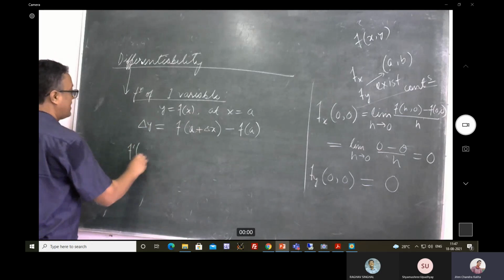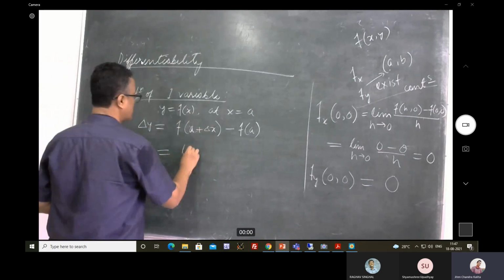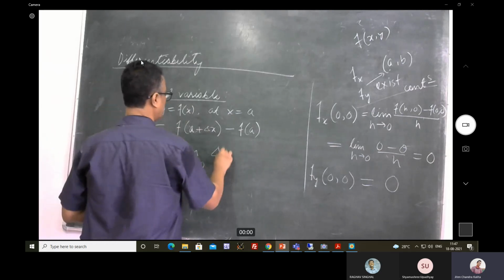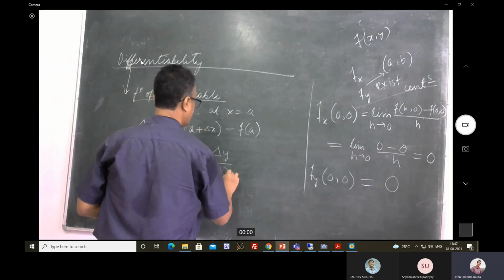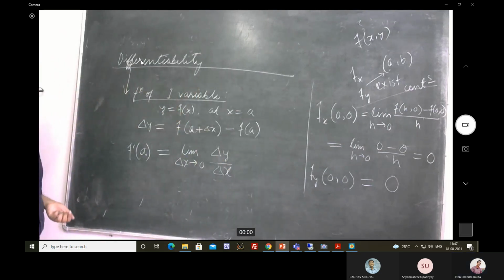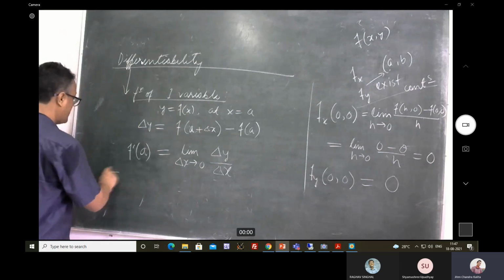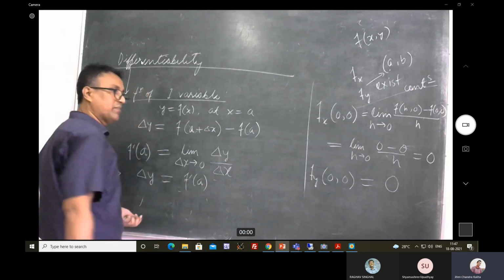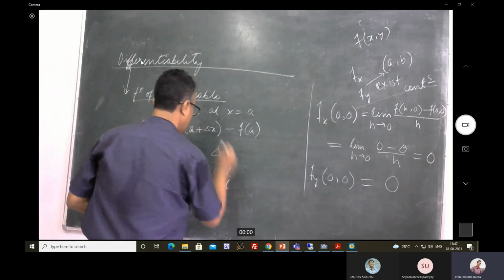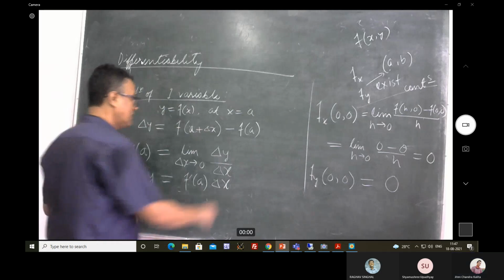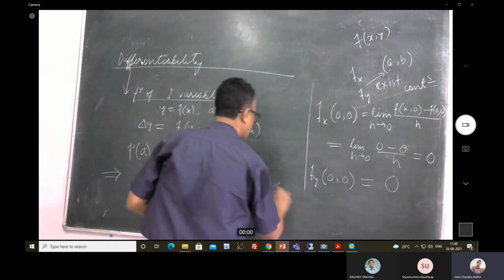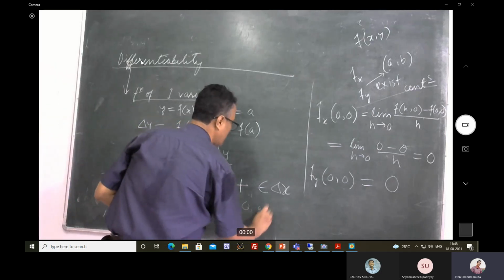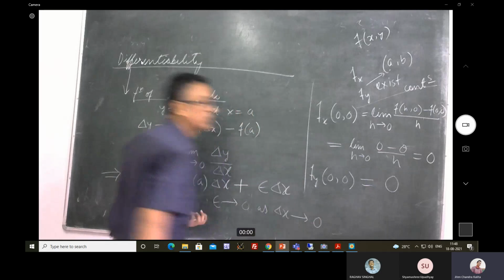Then I defined f prime a to be equal to the limit as delta x tends to 0 of delta y by delta x. From there, delta y equals f prime a delta x plus some epsilon into delta x, in such a way that epsilon tends to 0 as delta x tends to 0.